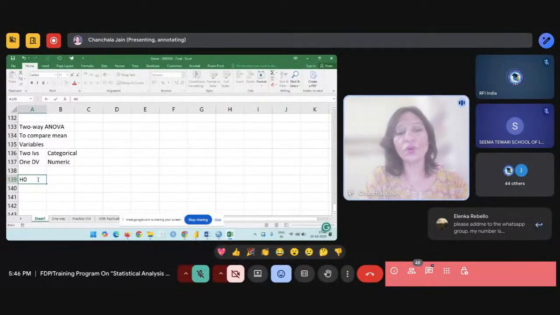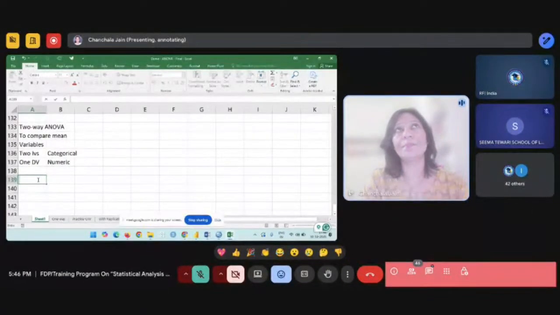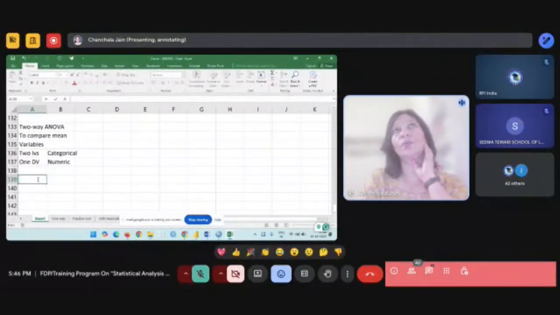When you talk about two-way ANOVA, till now we have seen one-way ANOVA, independent samples, paired sample, one sample. Even in chi-square, in both the cases we have seen, we only need to formulate one null hypothesis. But in case of two-way ANOVA, you need to formulate either 2 null hypotheses or 3 null hypotheses, depending again on the type of two-way ANOVA.